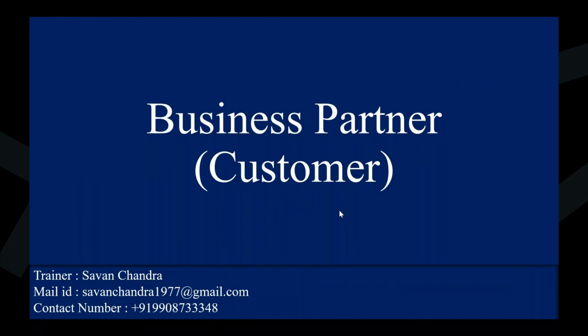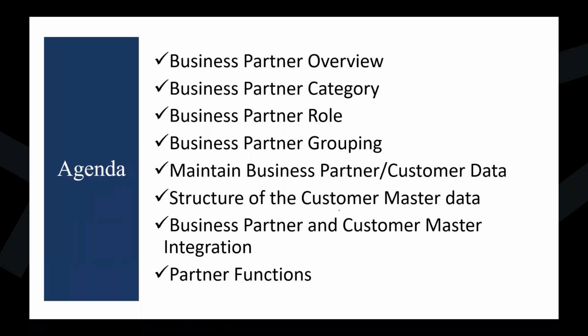The topics we are going to cover: we will see the business partner overview, then the business partner category and its significance. Then the business partner role: what it is, why it is used, and what the different business partner roles are. Then business partner grouping, its significance and why it is used.